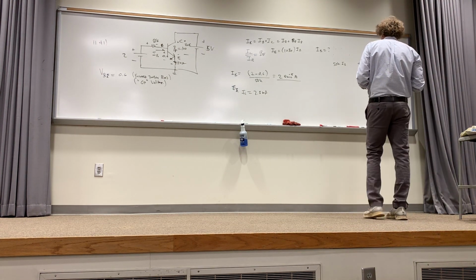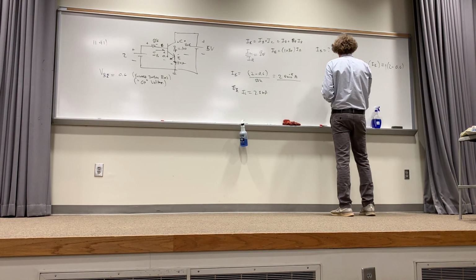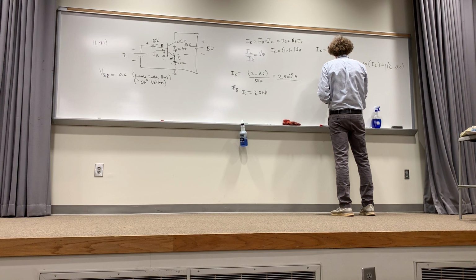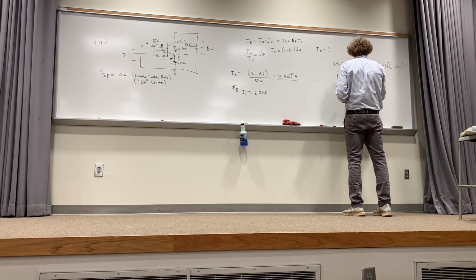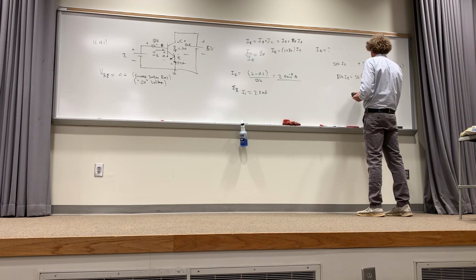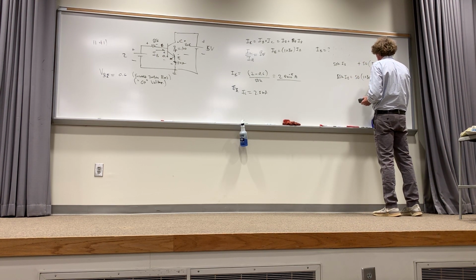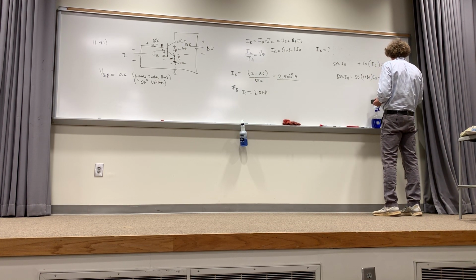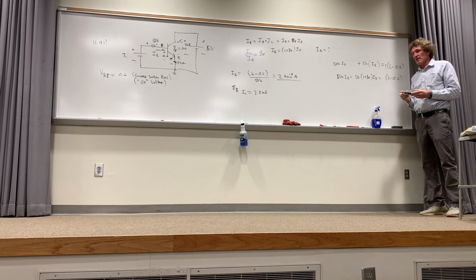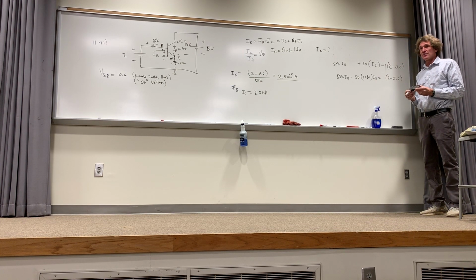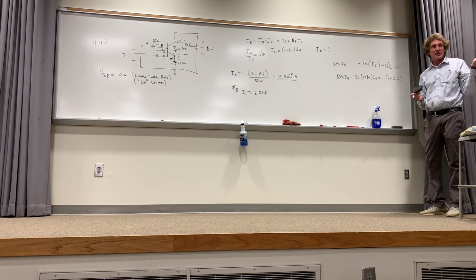Now when I do this, I can say that I have 50K times IB plus 50, but now my IE is going to be 1 plus beta forward, I'm leaving it this way intentionally, times IB, is equal to 2 minus 0.6. Does everybody see what I've done? Again, I'm solving for IB because that controls everything. Y'all see this?